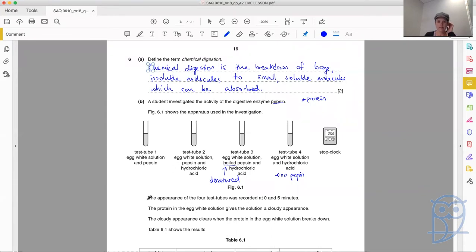Okay, so the appearance of the 4 test tubes was recorded at 0 and at 5 minutes. The protein in the egg white solution gives the solution a cloudy appearance. So the cloudy appearance clears when the protein in the egg white solution breaks down. So this is digested by pepsin.